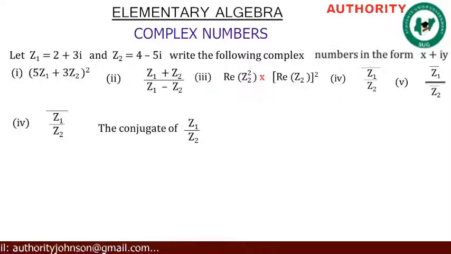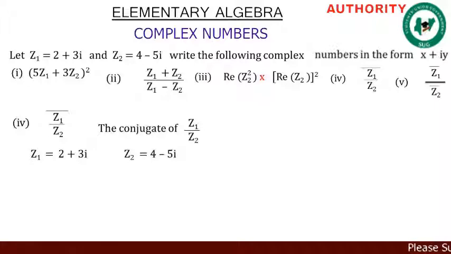Number 4 says the conjugate of Z1 all over Z2. Now let's see, our Z1 is 2 plus 3i, and then Z2 is 4 minus 5i. So let's find Z1 all over Z2. That is Z1 divided by Z2. Okay, now let's find it.